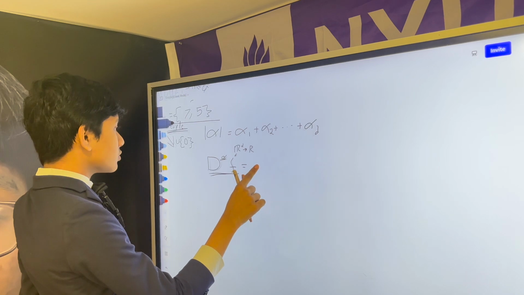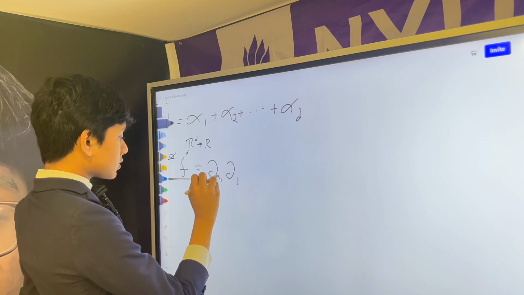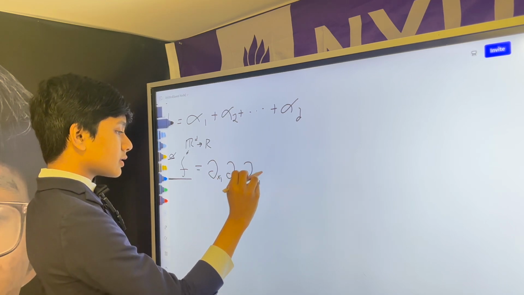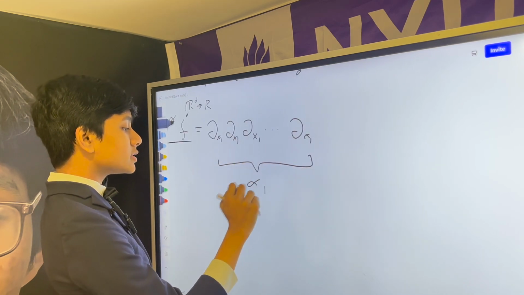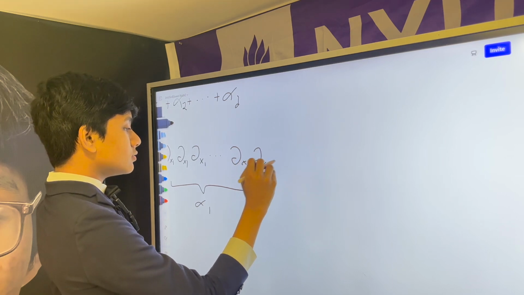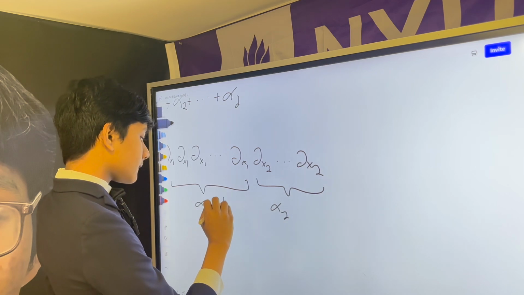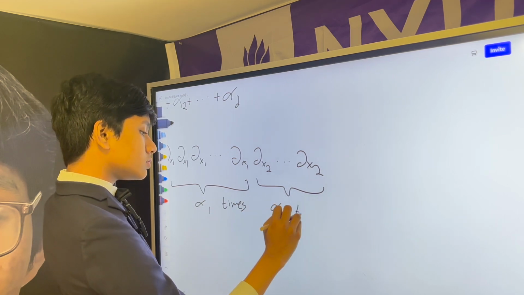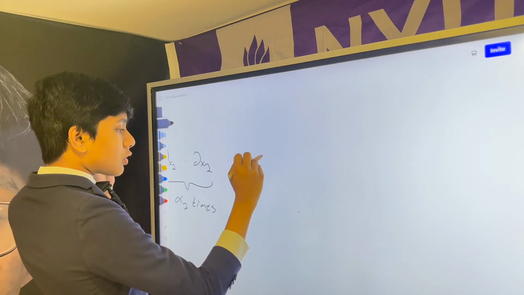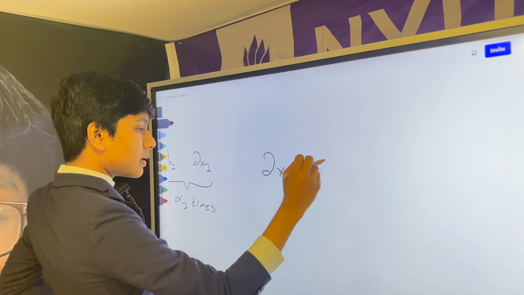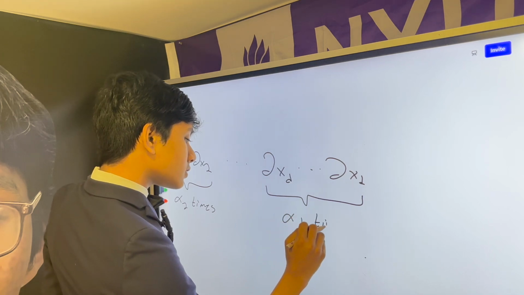This is just equal to partial x1, alpha 1 times, partial x2, alpha 2 times, all the way to partial xd, alpha d times.